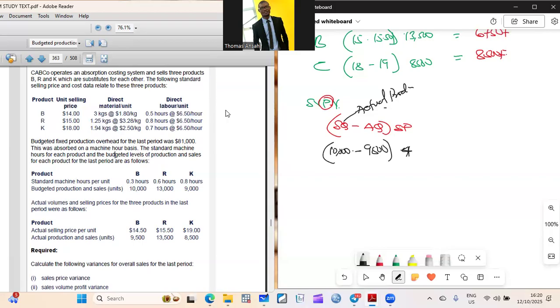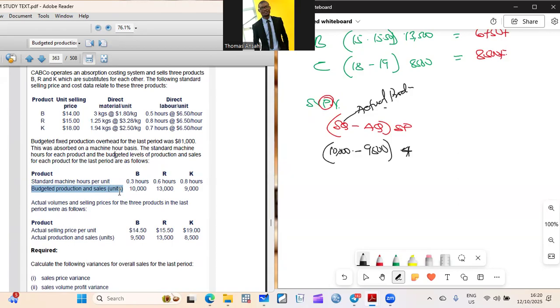So when you face a question, for example this question, they gave you the standard machine hours. Have you seen they've added per unit? But they gave you budgeted production and sales. It is not per unit. It is already in full units, total already.